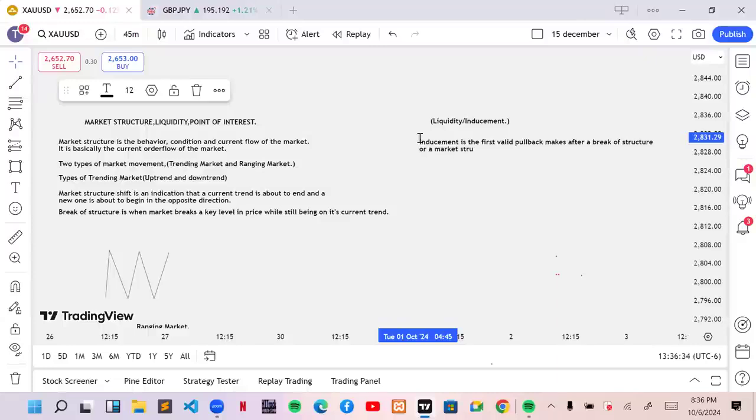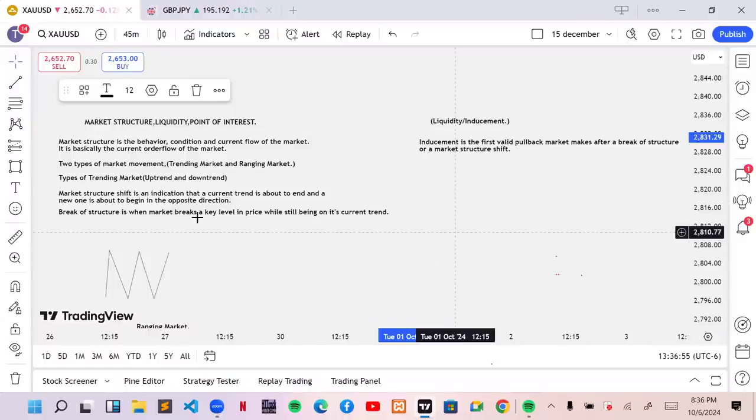That is what my inducement is. Inducement is the first valid pullback market makes after a break of structure or a market structure shift.